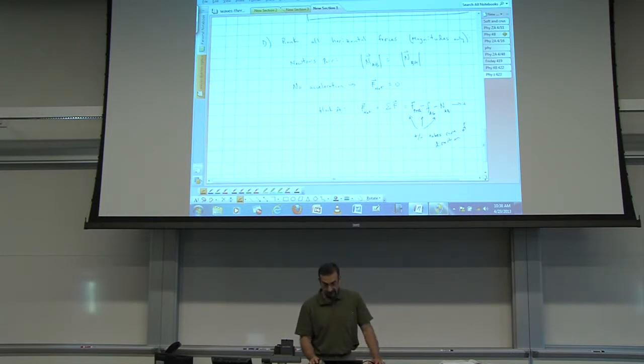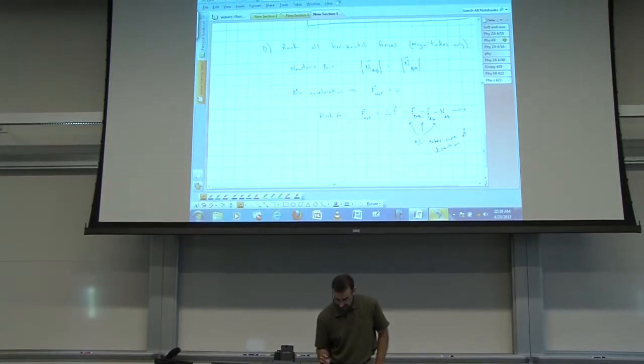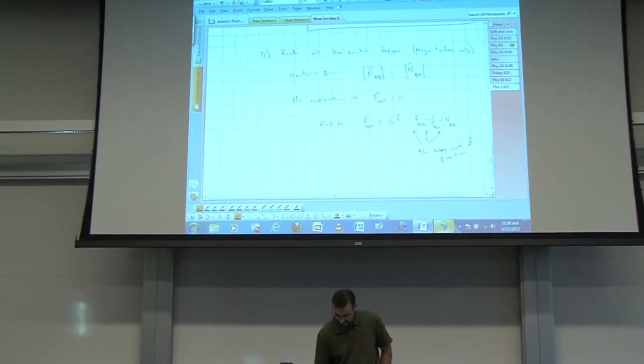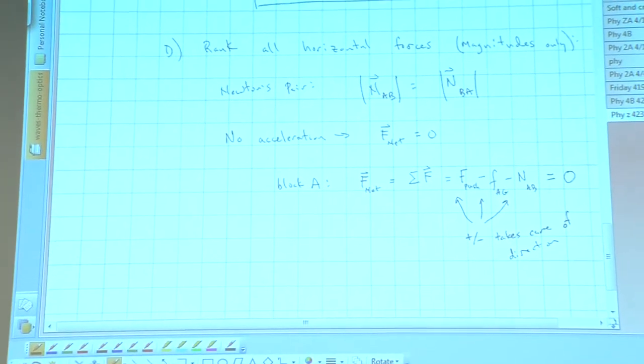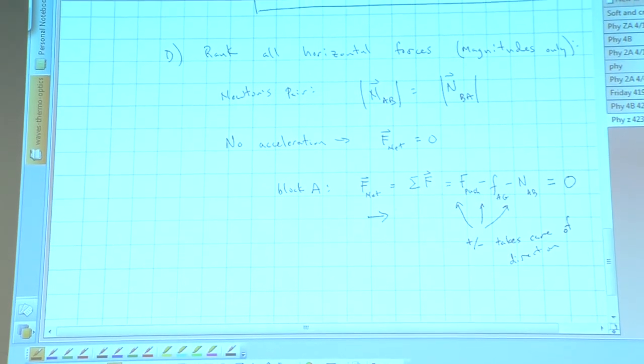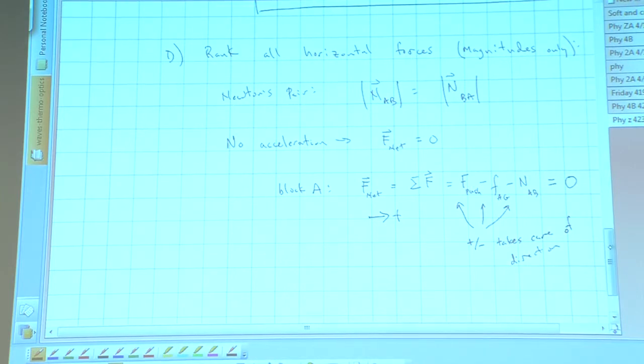Those take care of the direction, and I just put magnitudes in for the values of those forces. What do we know about this? It has to be equal to 0. That's what no acceleration means. To the right is positive. Okay, so that's for block A.